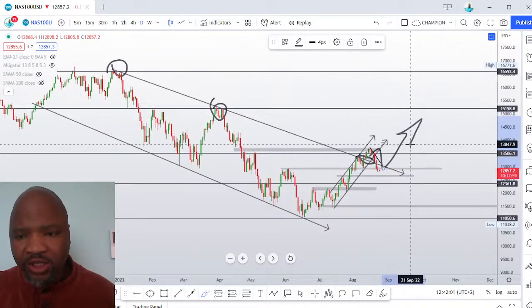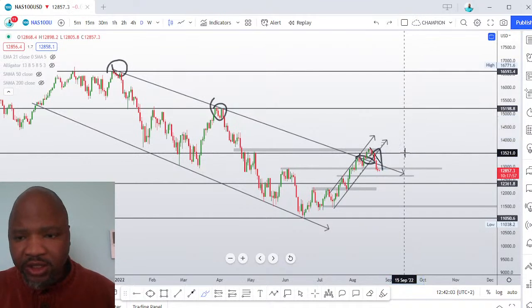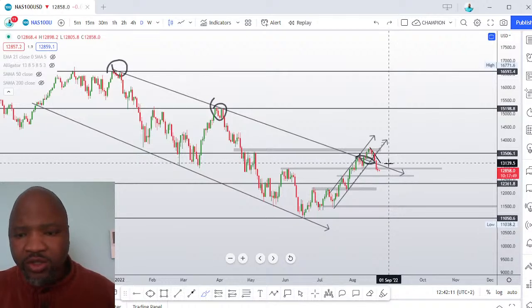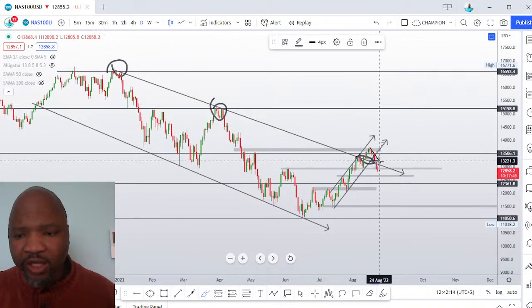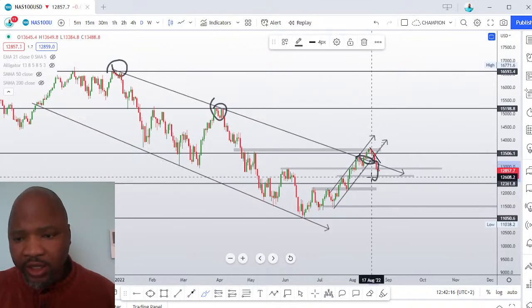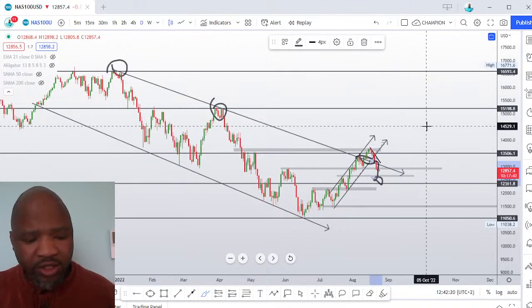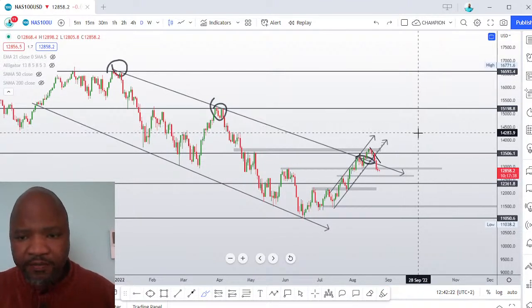I was expecting a retest so that I can place buy positions, but the price broke back inside, and now I'm expecting it to push towards the downside. I hope it makes sense.